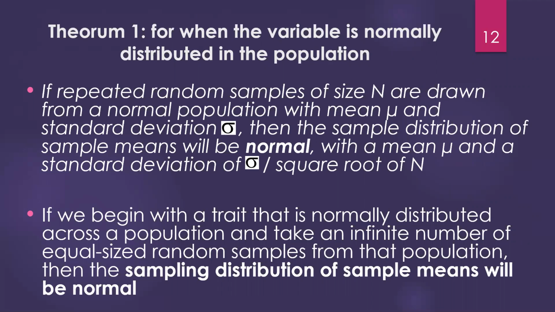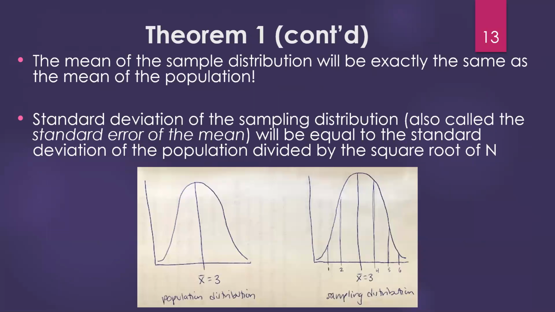No math that you're going to actually have to do for that. The big takeaway is that if we start with a variable that's normally distributed in a population and take an infinite number of random samples from that population, then the sampling distribution of those means will be normal, and the mean will be exactly the same as it is in the population.